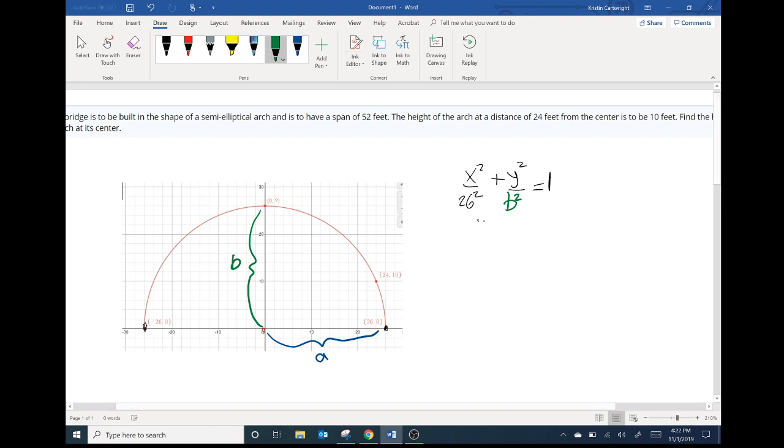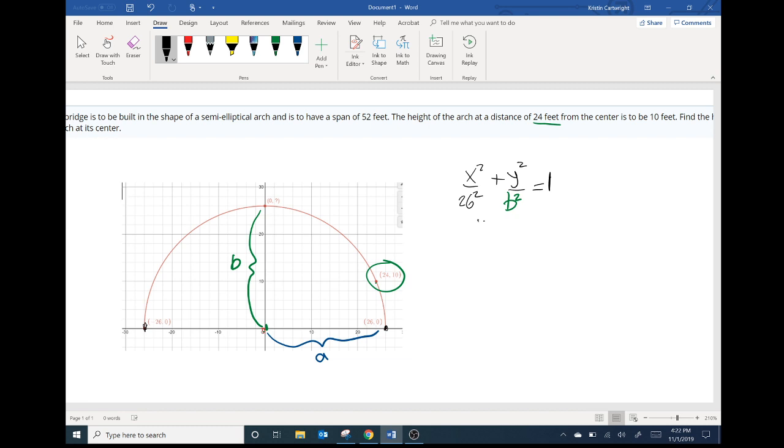I've labeled one other point over here, which is (24, 10), and that is given by the information that the height of the arch at a distance of 24 feet from the center. Here's the center. If I go 24 feet over, it's going to have a height of 10, and that's my ordered pair (24, 10). We are going to use that ordered pair, because that point falls right on the ellipse, and every point on the ellipse should make the equation of the ellipse true.